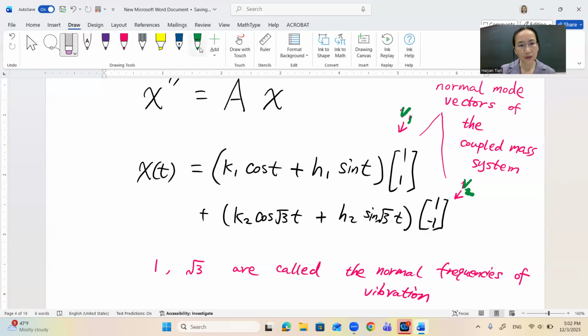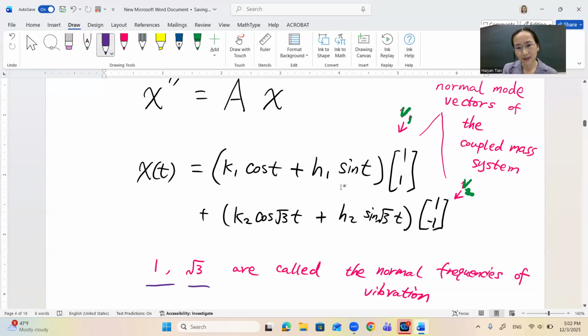So you see, general vibration is composed by 2 frequencies. So it's a superposition of different frequencies of vibration, either this frequency or the other frequency of square root of 3.